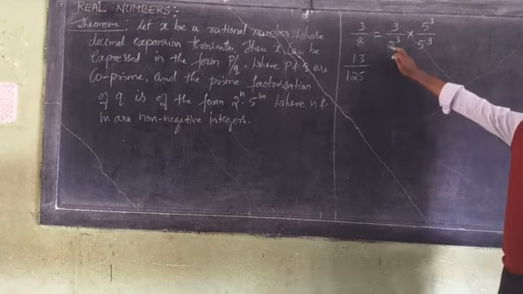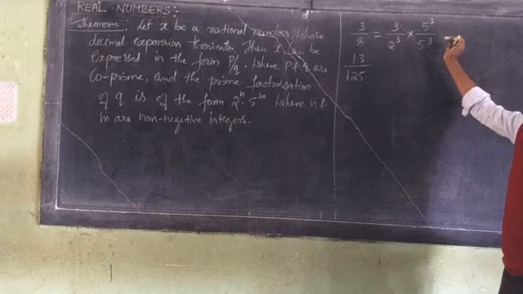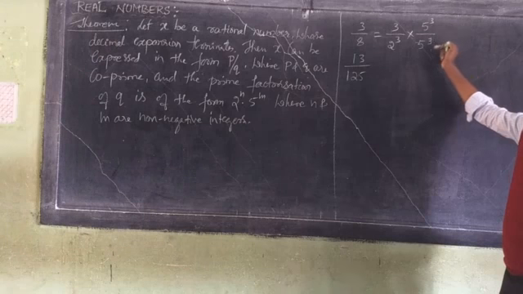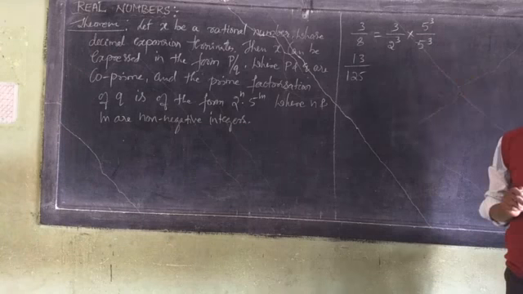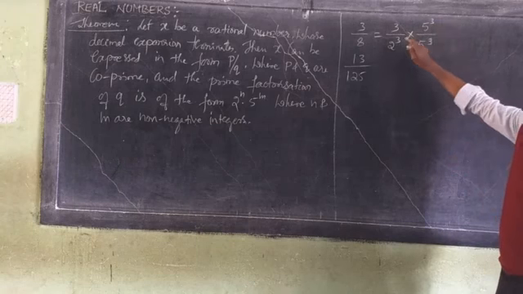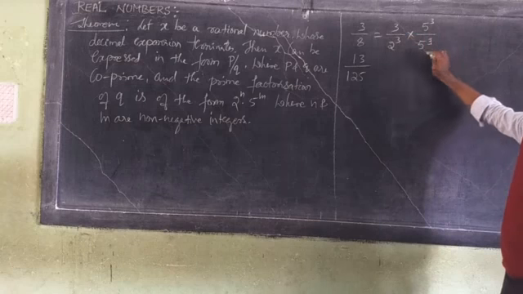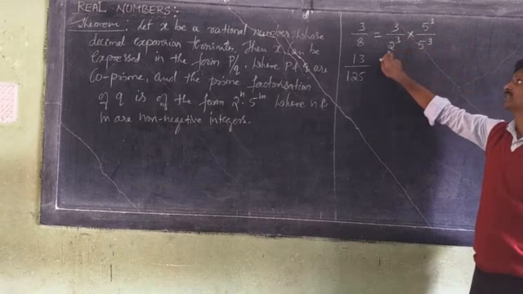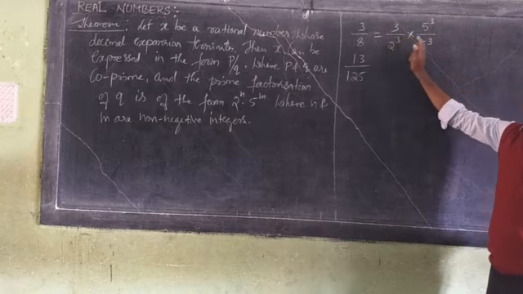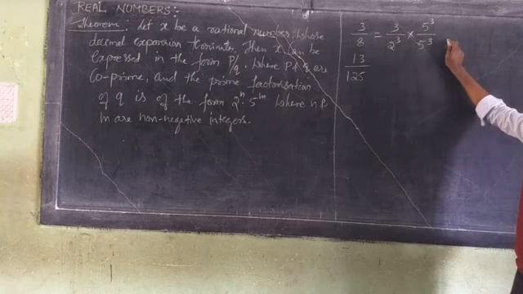Both numerator and denominator can be multiplied by 5 cube. Why can we multiply by 5 cube? Here the power of 2 is 3, therefore we multiply by 5 to the power 3.